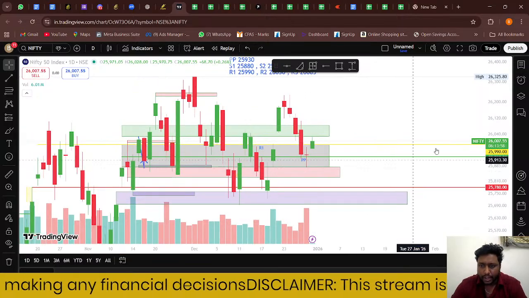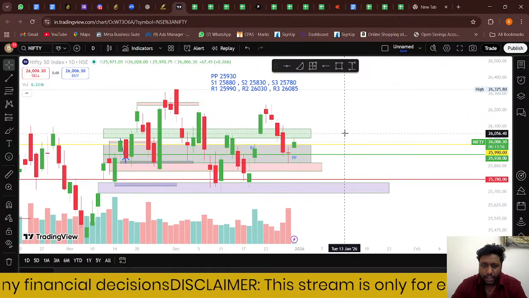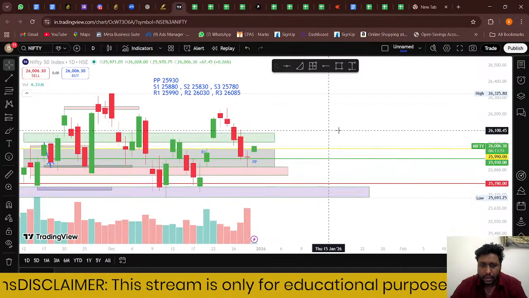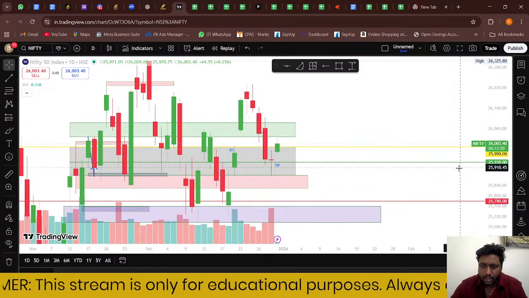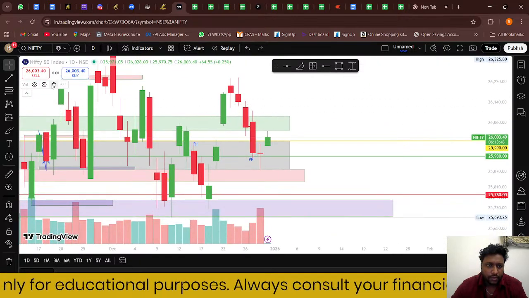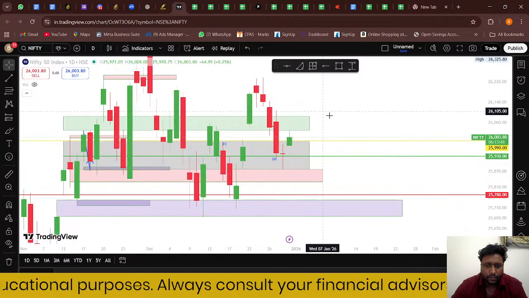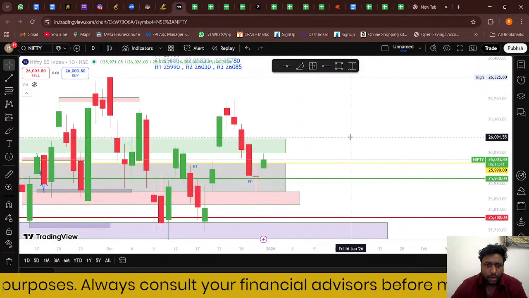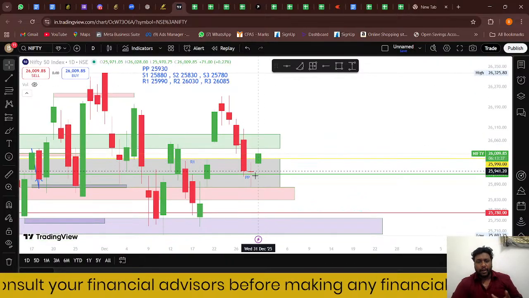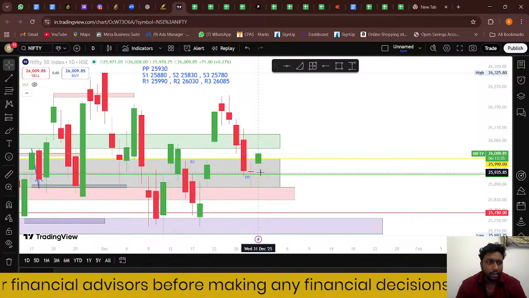So that's all for today's levels with respect to Nifty. We opened with a slight gap up, right above our resistance 1. On the pivot line, the trading setups come when it opens above the pivot line, then definitely we are going for a bull run.